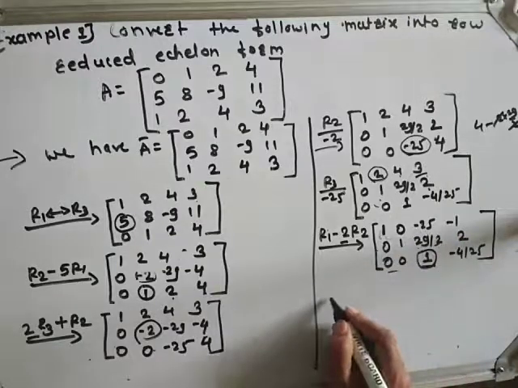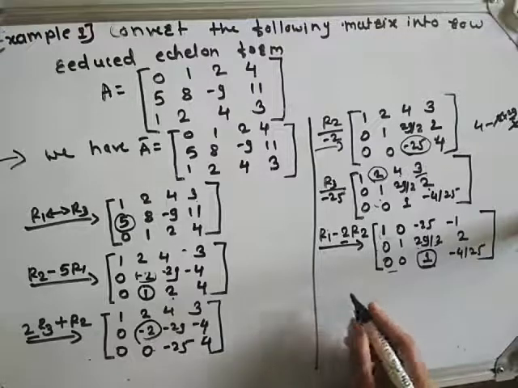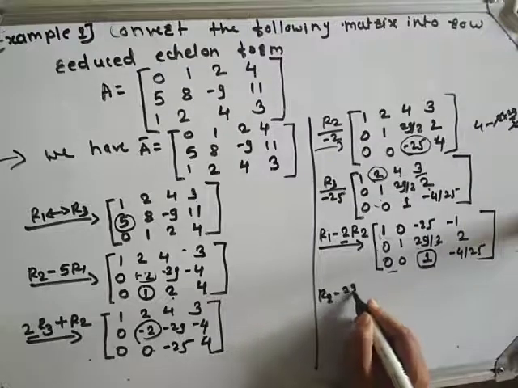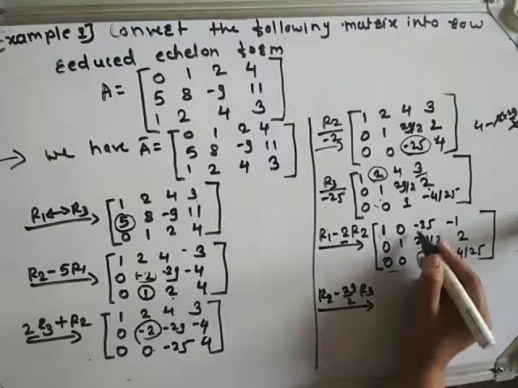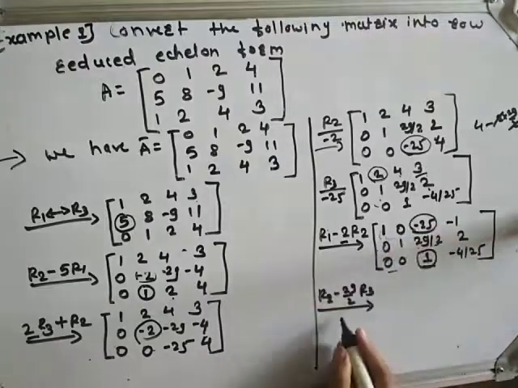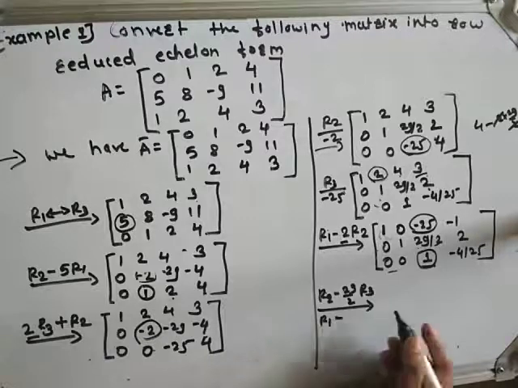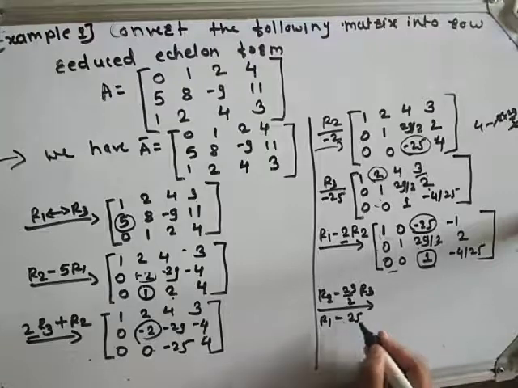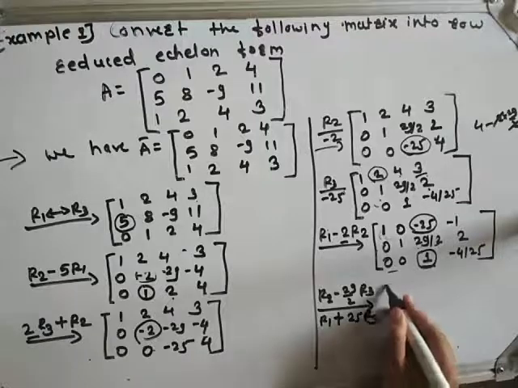For this we perform the row operation R2 minus 29 by 2 R3, and we also require 0 here, for that we perform the row operation R1 plus 25 into R3.